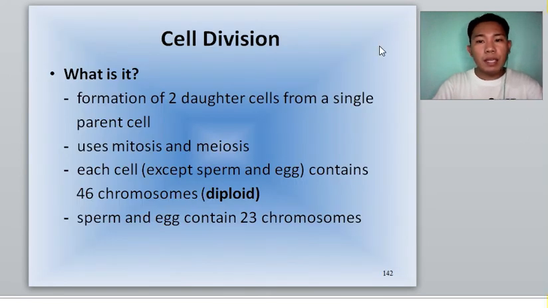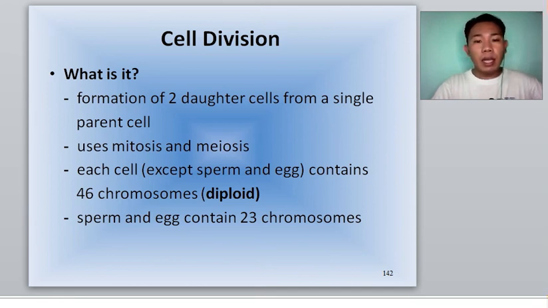In order for the cell to replicate its own, it must undergo cell division. And cell division is the process of forming 2 daughter cells from a single parent cell. Cell division uses mitosis and meiosis.